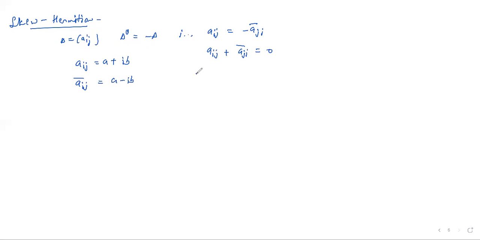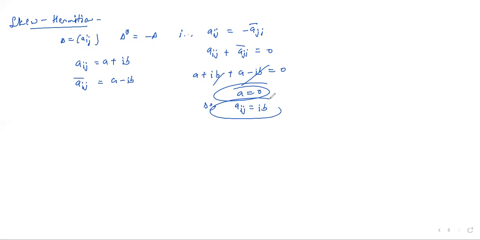By putting in these values, we get A plus IB plus A minus IB, which equals 0. So these terms cancel out, and we get A equals 0. So we get that Aij equals IB.